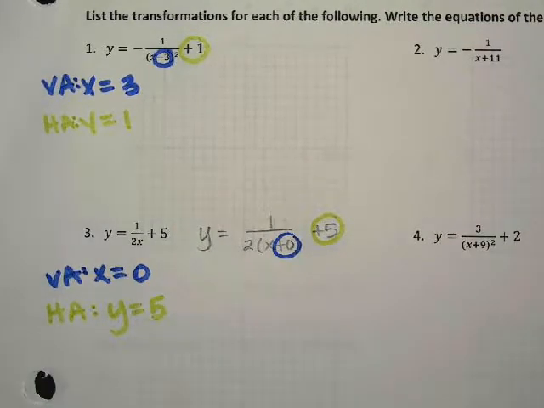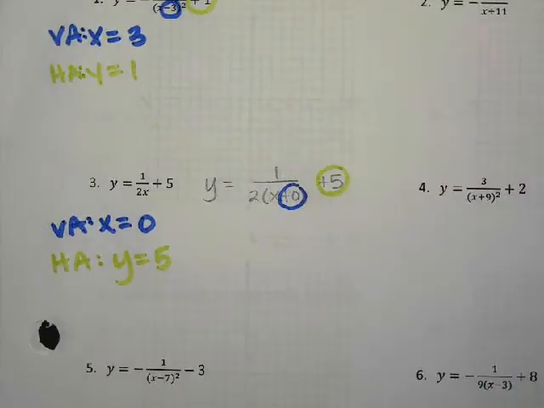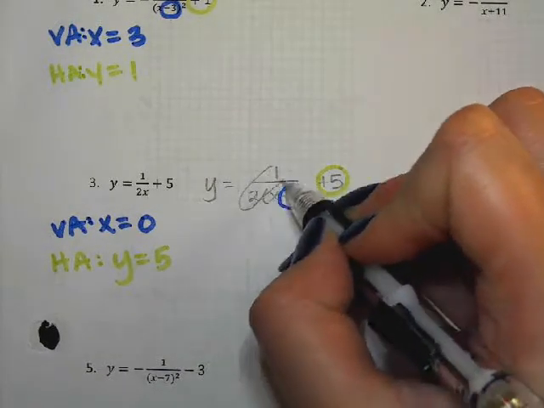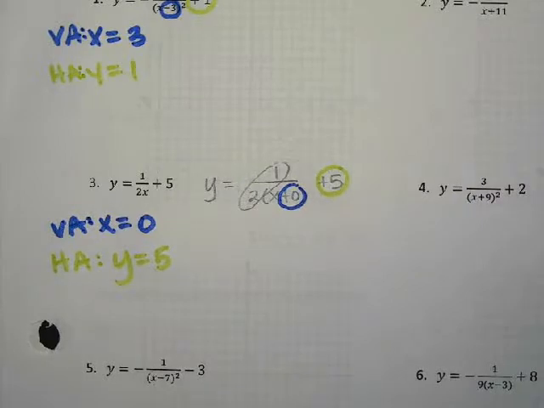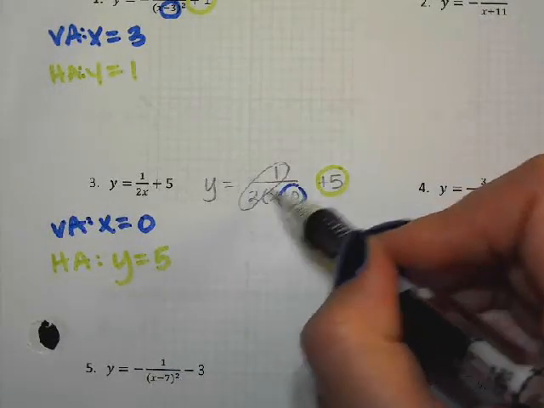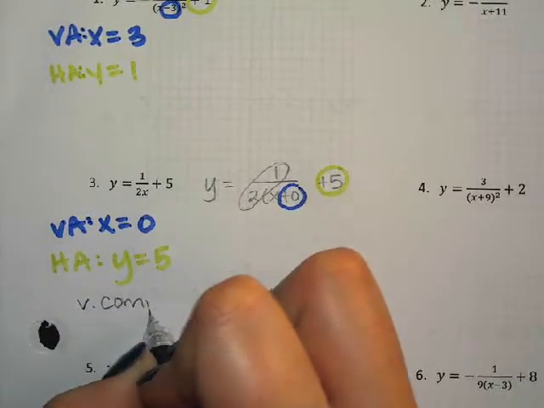And then what are the transformations? Vertical stretch of 2. Wait, think of, yeah, it's a compression. Because it's a 1/2. Does that make sense? Last night we did one, I think it had a 3 on the top. And since it was a 3, that meant it was a stretch. But this is not a 2 on the top, it's a 2 on the bottom, which means it's kind of like a 1/2. So we're going to say that's a vertical compression of 1/2.